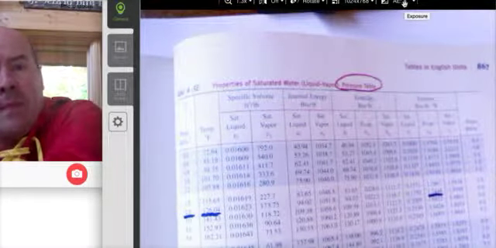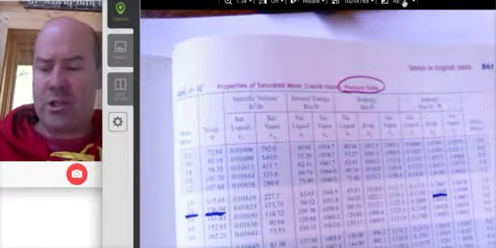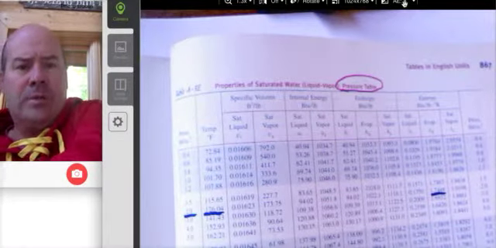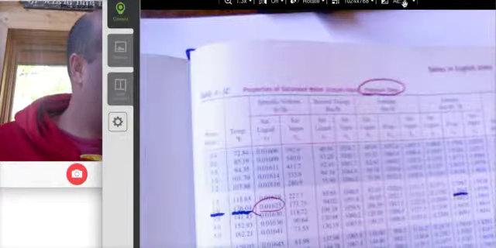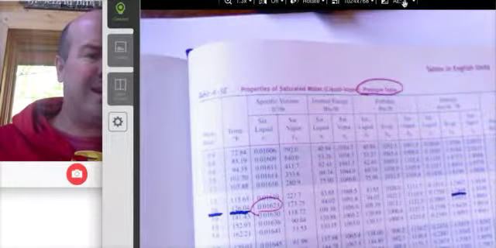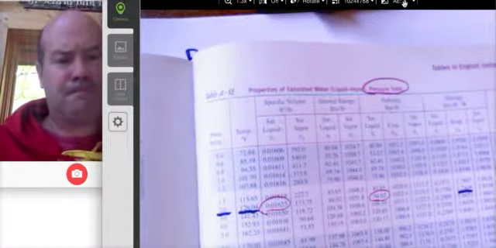All right, well, welcome back. I hope you went to table A3E, which is the saturation table for pressure, and went to 2 psi and said this is a saturated liquid. So as a saturated liquid, I use VF. VF is 0.01623 feet cubed per pound mass, and HF is 94.02 BTUs per pound mass.